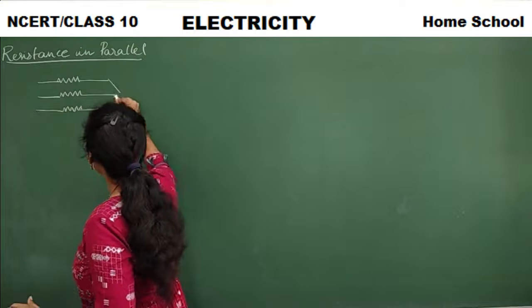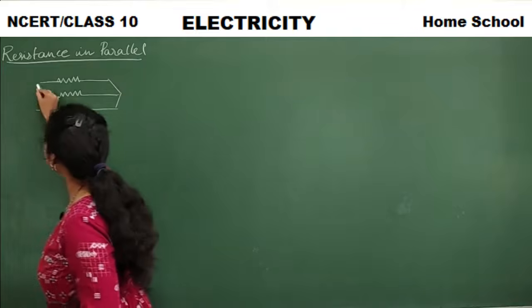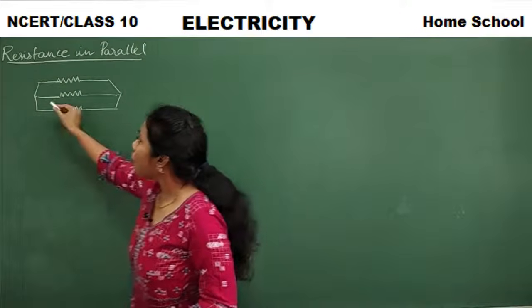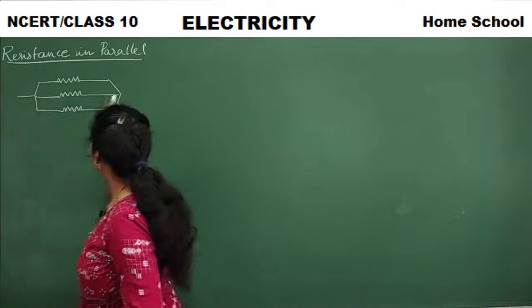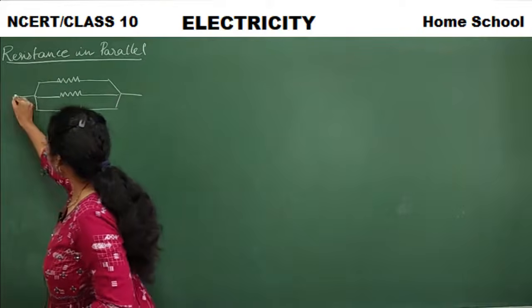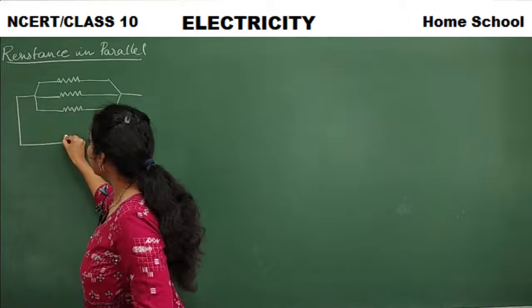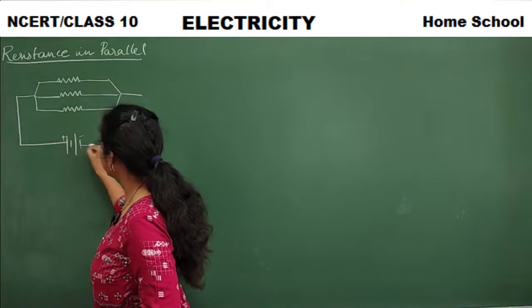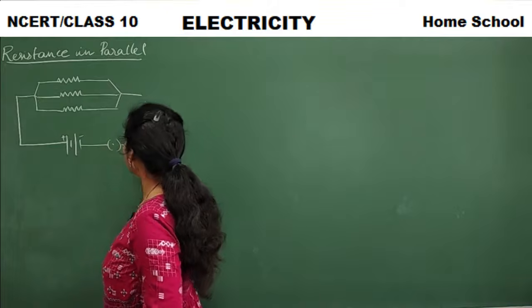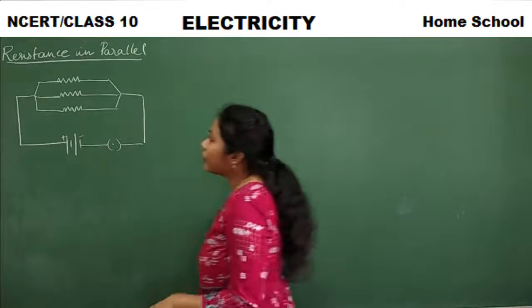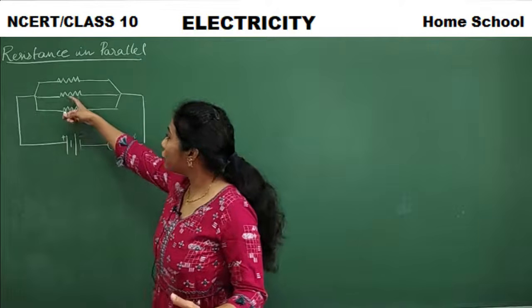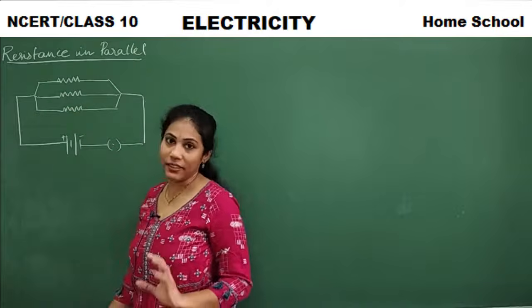All of them are connected something like this, parallel to each other, right? So all the three resistors are parallel to each other. And now I connect this to a battery. Positive terminal, negative terminal, switch, right? So this is a simple circuit where you have three resistors connected in parallel to each other.